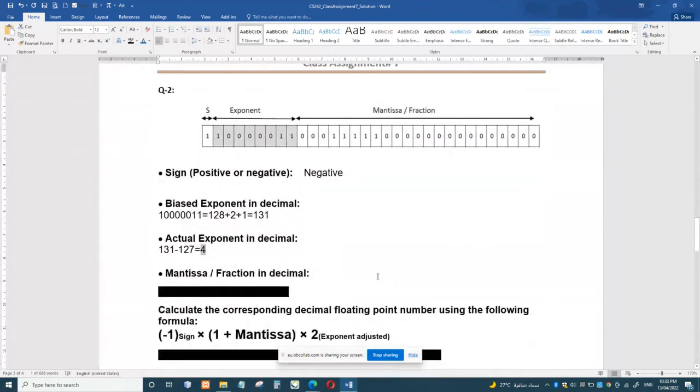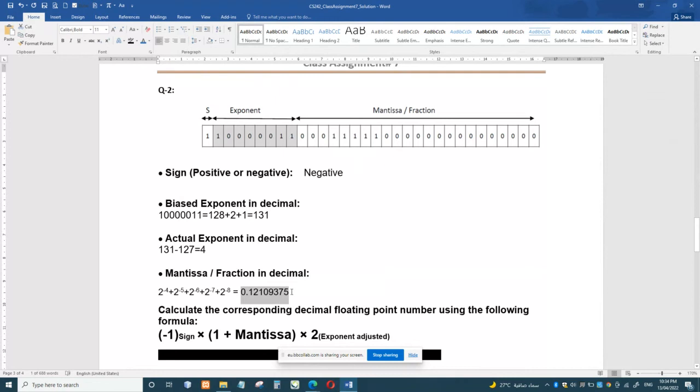Now what is our mantissa or fraction? You can see this is our mantissa: 0, 0, 0, then 1, 1, 1, 1, 1, then all zeros. In the fraction part, the first three are 0, so 2 to the power minus 1 is 0, minus 2 is 0, minus 3 is 0, but 2 to the power minus 4, minus 5, minus 6, minus 7 and minus 8 are there.